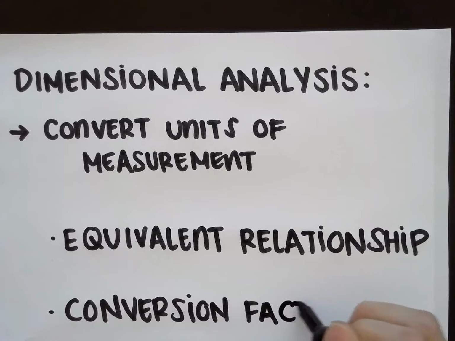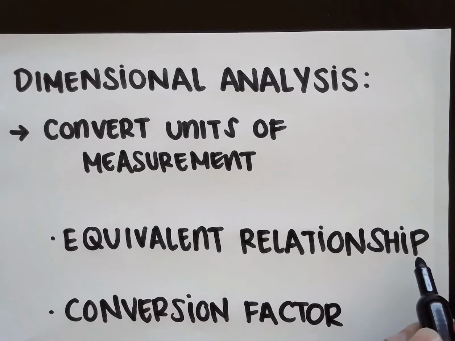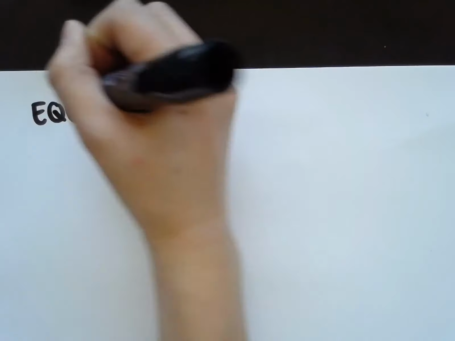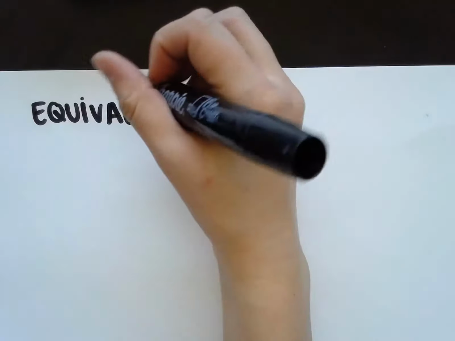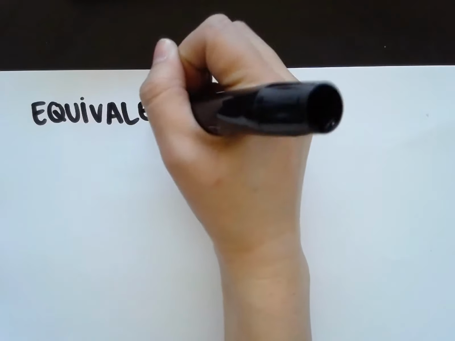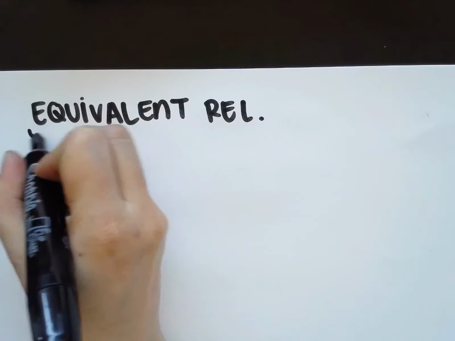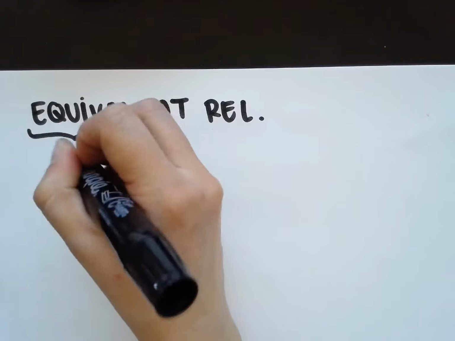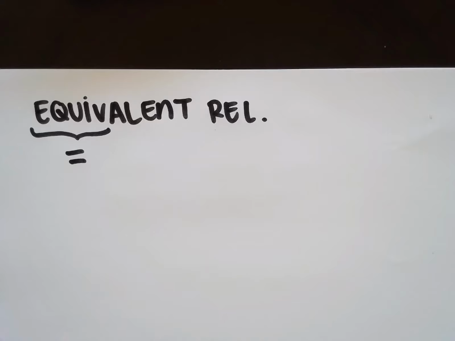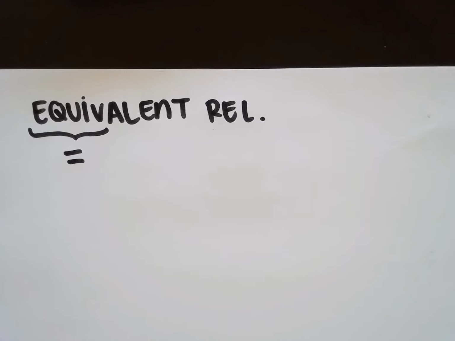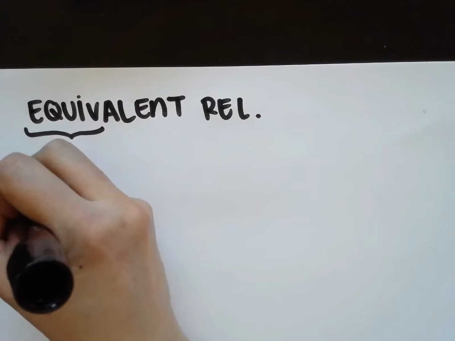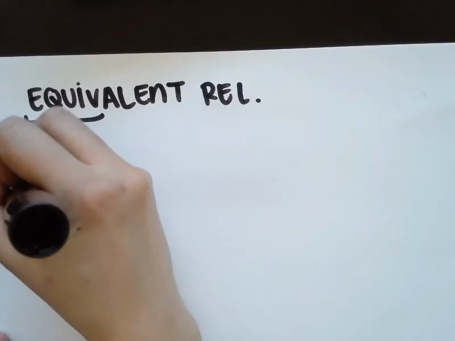So let's talk about an equivalent relationship first. Equivalent relationships are, as the term suggests, equal measurements. So equivalent, we're thinking equal. If we're thinking about units of time or measurement, let's take a look as an example at measuring time.